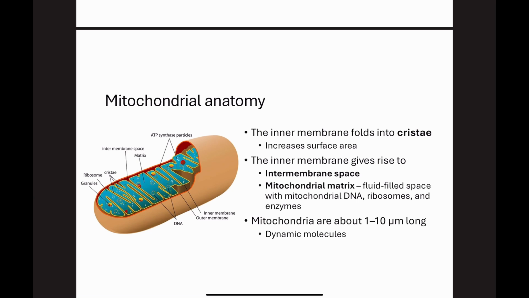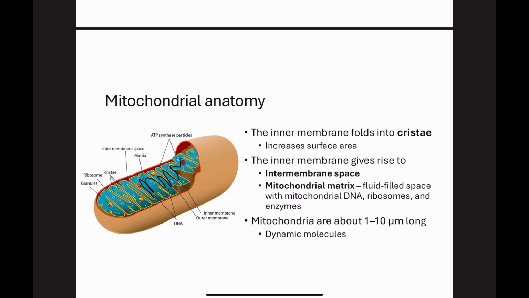So our mitochondria have a smooth outer membrane and a really highly folded inner membrane, which is what we see here with all these foldings. Those inner membrane folds form a structure called cristae. And the inner membrane creates two distinct internal compartments.